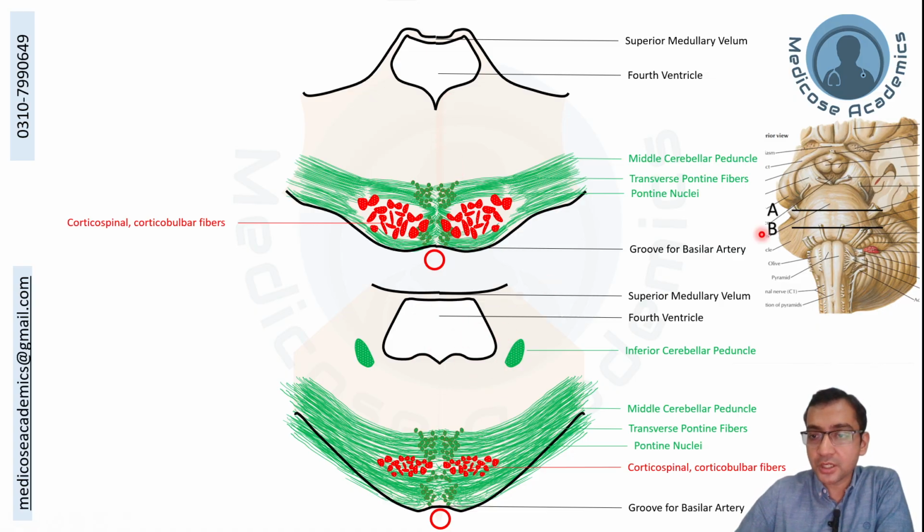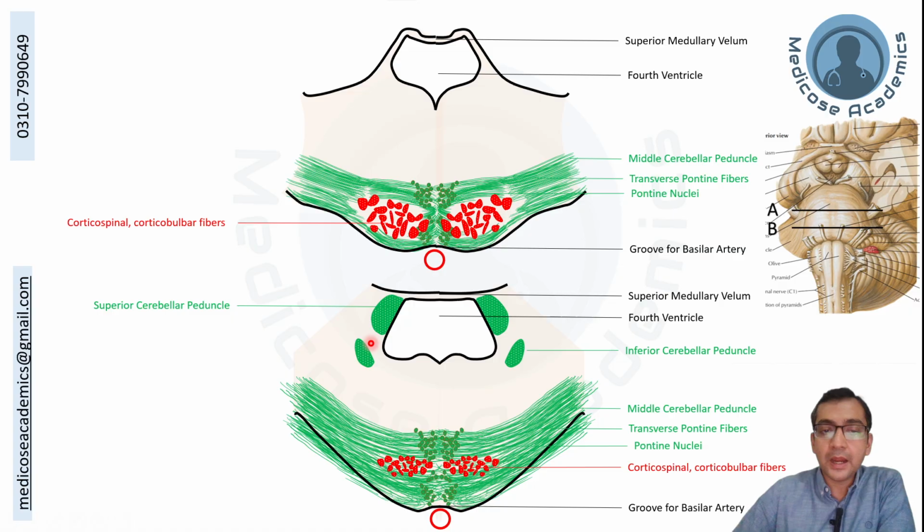In the lower section, the section at level B, you will majorly see the inferior peduncle, and in the upper one, and also somewhat in the lower one, you will be able to see the superior peduncles too. So you will draw the inferior peduncles just anterolateral to the fourth ventricle right here. These are inferior peduncles, and posterolateral to them you will see the superior cerebellar peduncles.